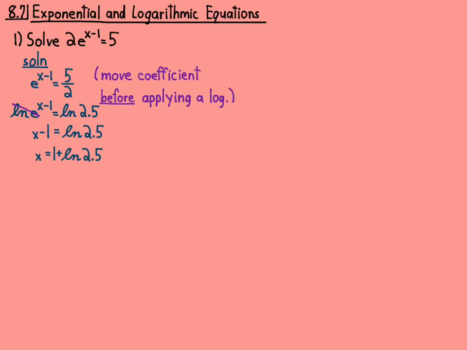You know it's okay because there's no x on the right-hand side. Okay. So approximate if they tell you to, or if there's some other really good reason to approximate.